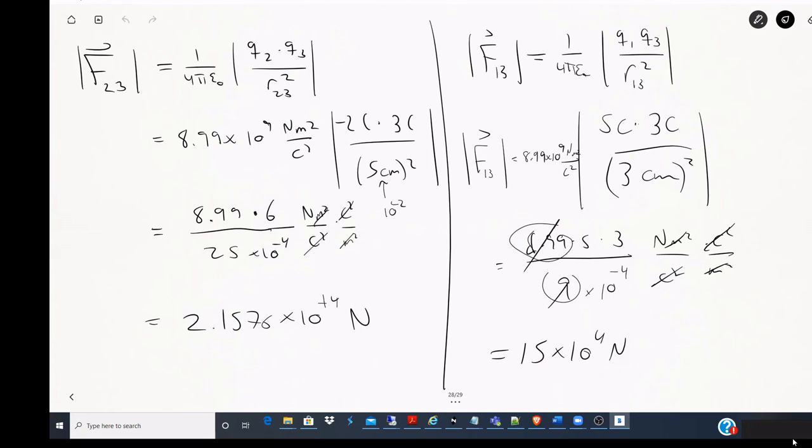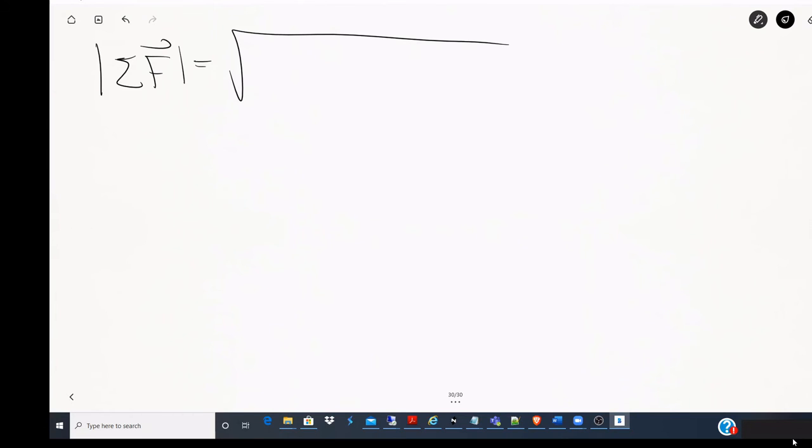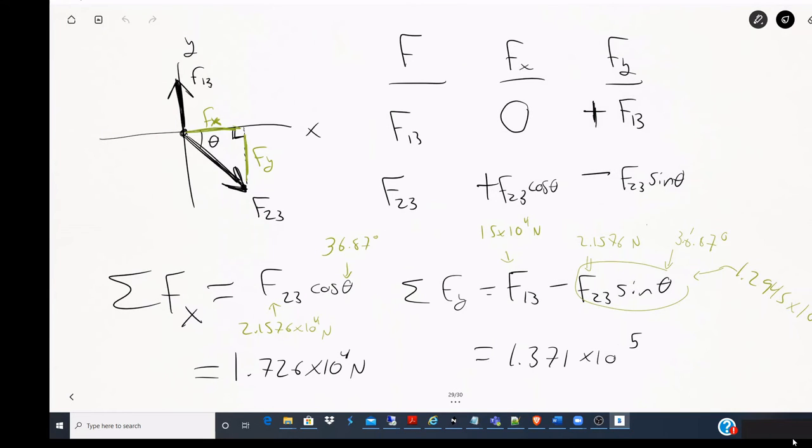So the magnitude of the net force is obtained the usual way that you find the magnitudes of vectors. It is obtained using the Pythagorean theorem. I'm going to go ahead and rewrite this force on the right to be in terms of 10 to the 4th.